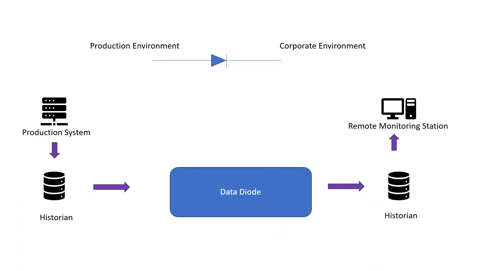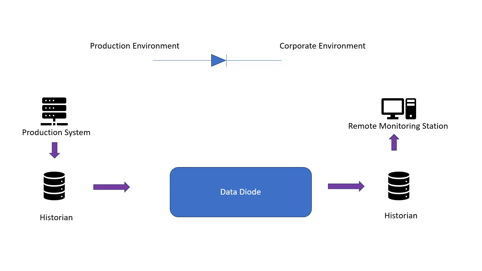Now, how is the data diode used? It is used to segregate the production environment and corporate environment. So, in a typical plant network, the production system data goes to historian, and historian data from the production environment to the corporate environment goes through the data diode.